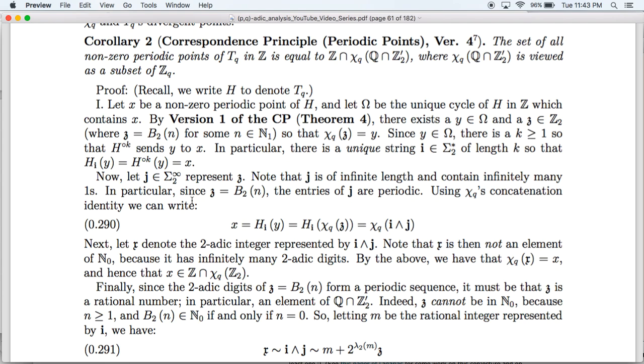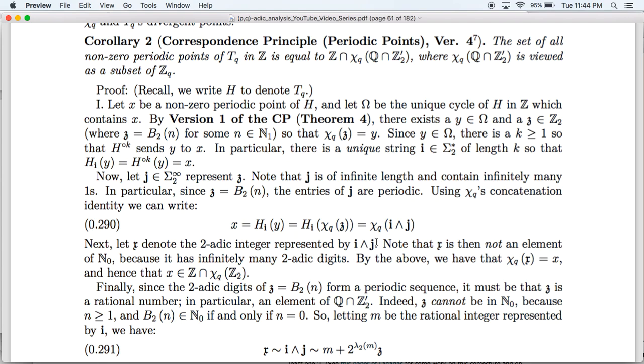So using chi-q's concatenation identity, X equals h_I of Y, which is equal to h_I of chi-q of Z, which is equal to chi-q of I wedge J. So let cool X denote the two-adic integer represented by I wedge J. Then cool X is not an element of N0 because it has infinitely many two-adic digits. That's thanks to the fact that J has infinite length.